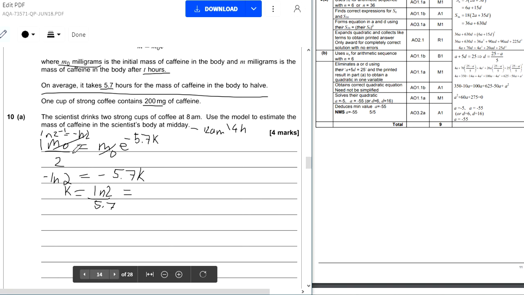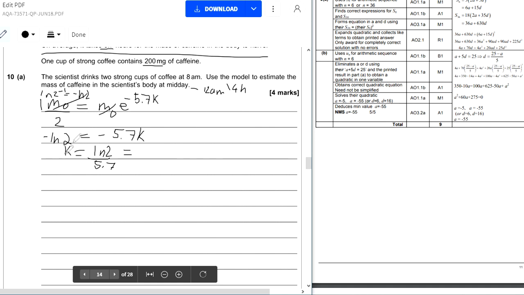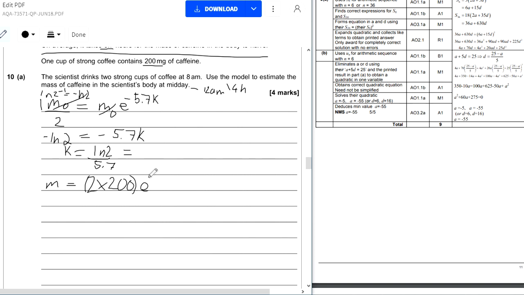So we're trying to find m, where m naught in this case is going to be 2 times 200 milligrams, times e to the minus k, which is ln 2 over 5.7, and then t, which is 4 in this case. So you know that's a constant. You can literally just plug that into your calculator and get the right answer.